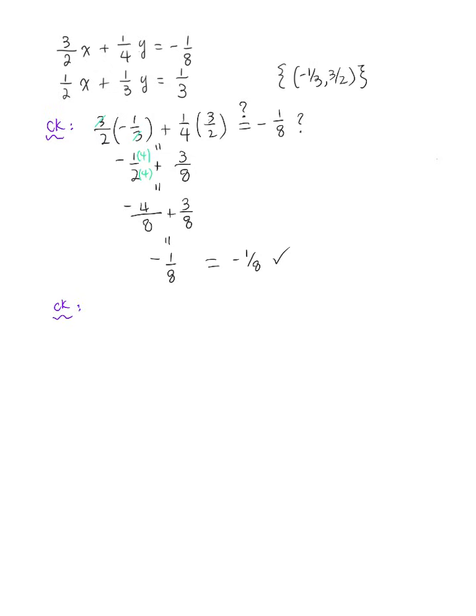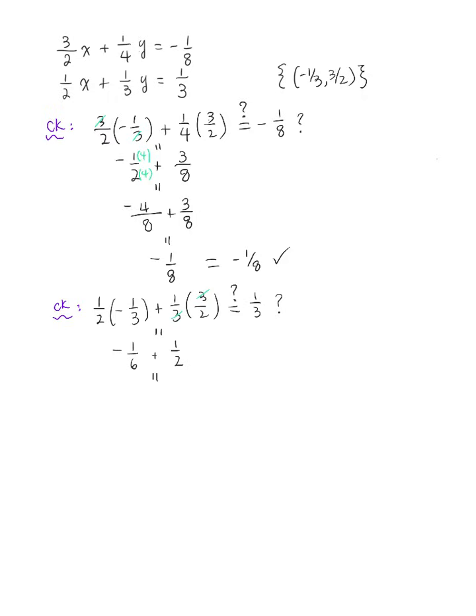All right, so then let me just start out with 1/2 times x, which is negative 1/3, plus 1/3 times y, which is 3 over 2. Now, is that going to give us 1/3? All right, so again, we're going to work from the left-hand side here. So here you're going to get negative 1 over 6. And then here I can cancel out the 3. And then here you're going to have plus 1/2.